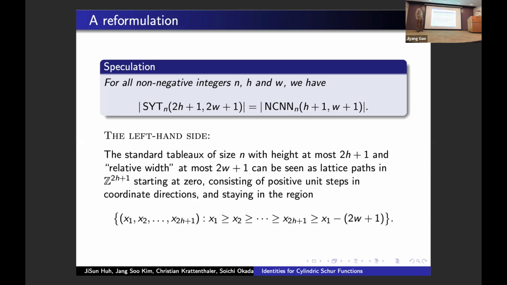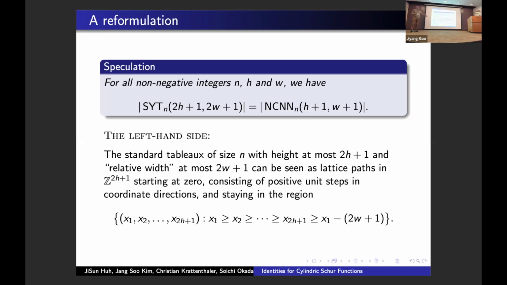Specialists will see that the coordinates are in order, but then there is also a relation between the last coordinate and the first coordinate. So there's this cylindric condition again.